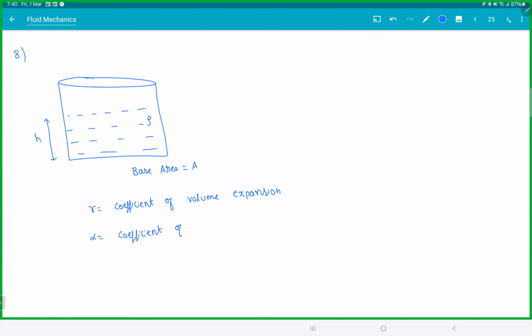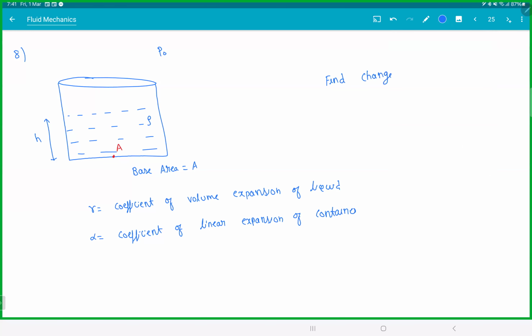Alpha is the coefficient of linear expansion of the container. Outside pressure is P naught. This bottommost point is A. Find the change in pressure when temperature increases by delta T.